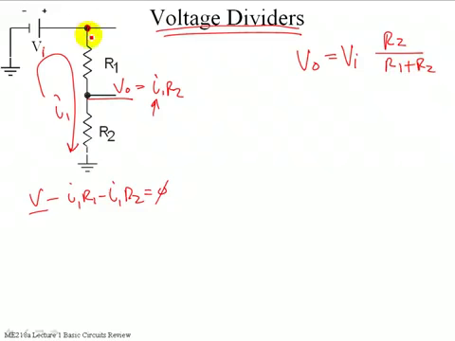R1 plus R2 is in the denominator because that's going to set the total amount of current that's flowing. VI over R1 plus R2 is equal to I. All right.